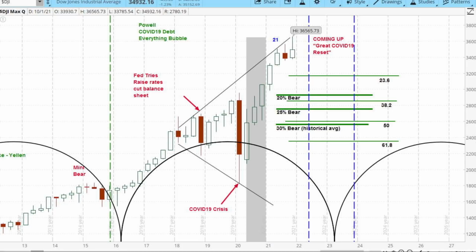That means that the forces that were pushing the market up through the whole time are going to be not there anymore. Now you can see where these levels are in the Dow Jones Industrial Average.